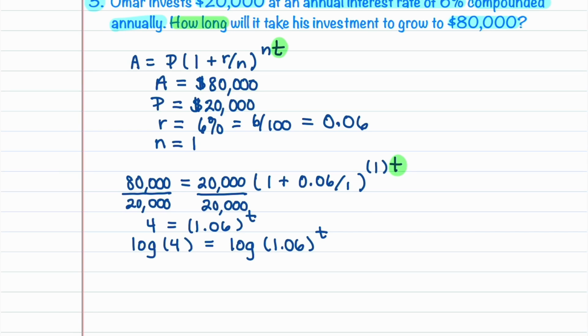A property of logs is that if you have a variable such as t up in the exponent, you can pull that exponent in front of the log. So we're going to write this as log of 4 is equal to t times log of 1.06. Now we can divide both sides of the equation by log 1.06 and just solve for t.